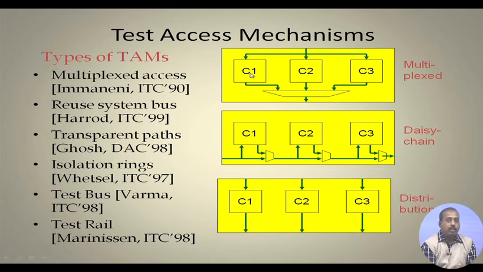The basic problem with this type of structure is that it will require a large amount of time, since this testing is totally serial. We need to consider all the cores serially, one after the other. So it will take a long time, but at the same time it has the advantage of minimum power consumption, because at any point of time only one core is being tested.